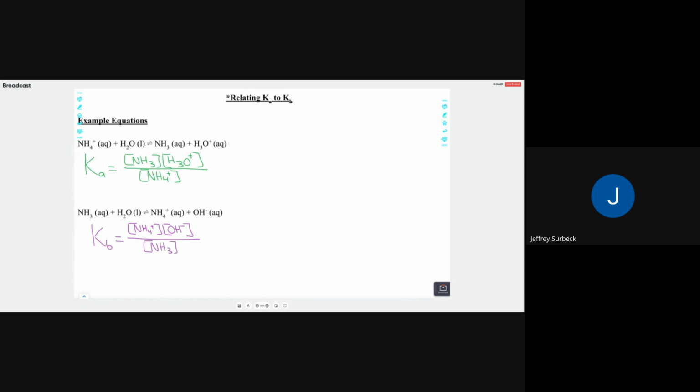Okay, again, we need a way to connect these. So here's what we're going to do. We are going to take our Ka times our Kb. I'll write it out to the side here, and I don't need to write anything except what's right of that equal sign. So for Ka, I'm going to write our components here in green.